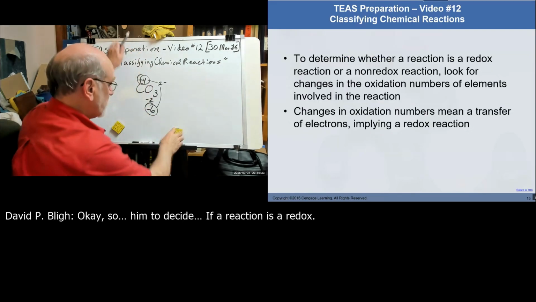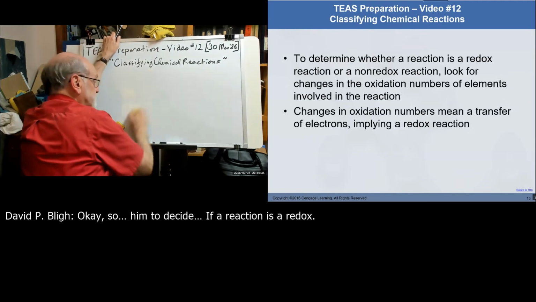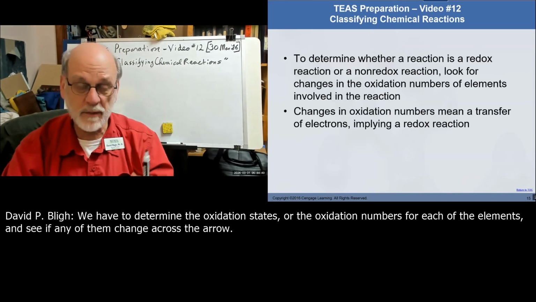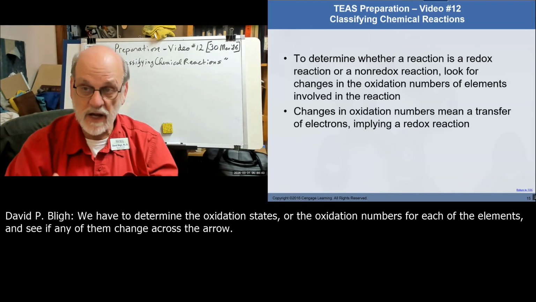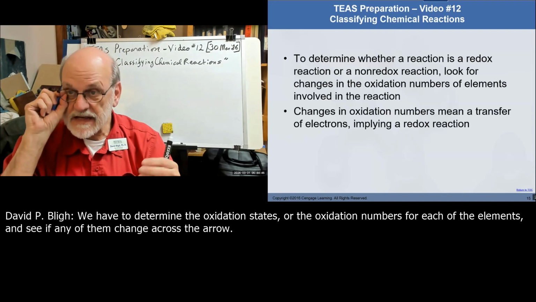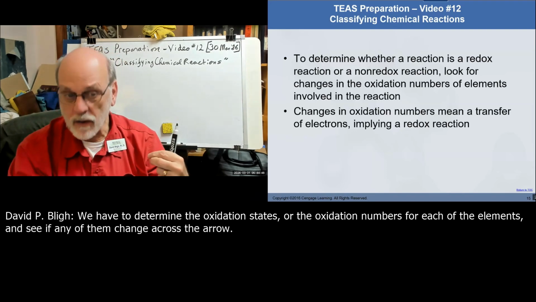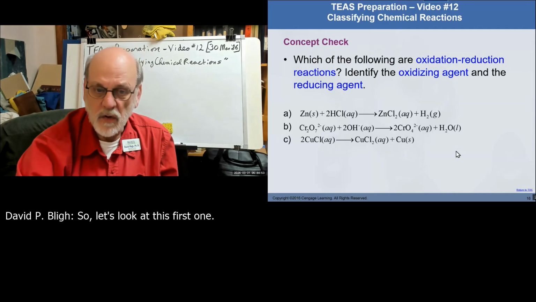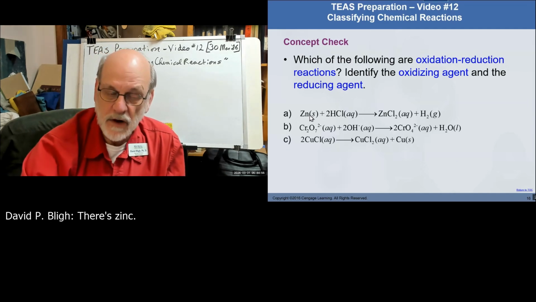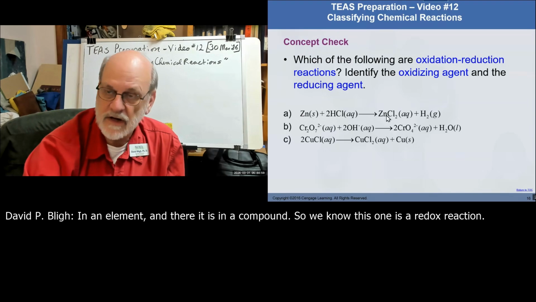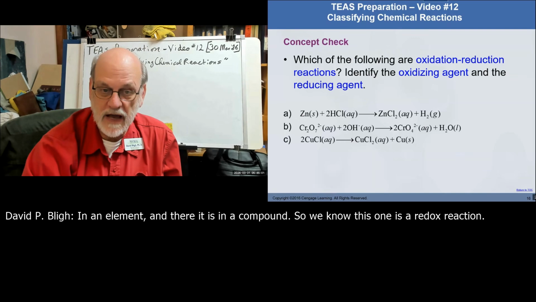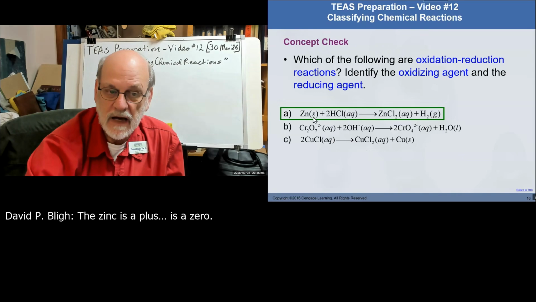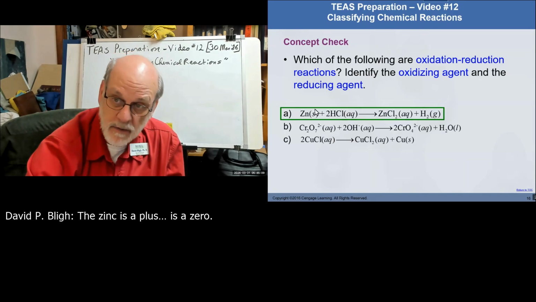Okay, so to decide if a reaction is a redox, we have to determine the oxidation states or the oxidation numbers for each of the elements and see if any of them change across the arrow. Let's look at this first one. There's zinc as an element, and there it is in a compound. So we know this one is a redox reaction. The zinc is a 0.